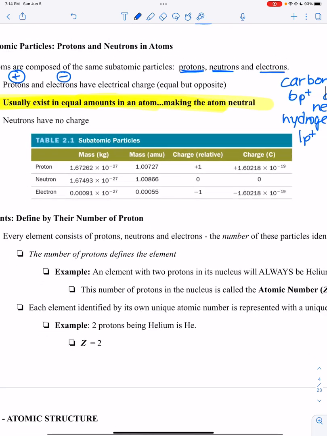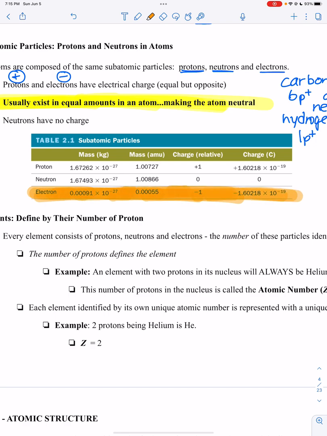This table is very important because I want to point out and highlight in a different color the relative masses of protons and neutrons, and then here's the relative mass of an electron. Look at how small that mass is compared to protons and neutrons. Protons and neutrons are about 1. Look at the electron, about 0.0005.